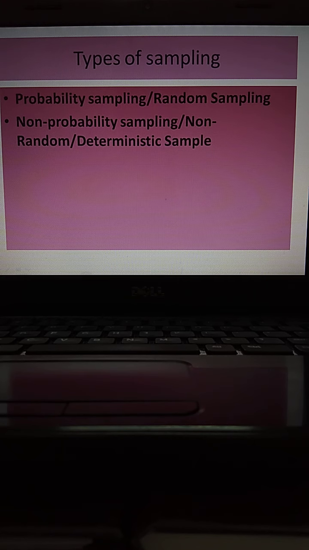Now we discuss the types of sampling. As far as sampling is concerned, there are two types. One type is known as probability sampling or random sampling. One more type is non-probability sampling, non-random sampling or else deterministic sampling. Under probability sampling, you are going to give equal importance to all the units of the population.